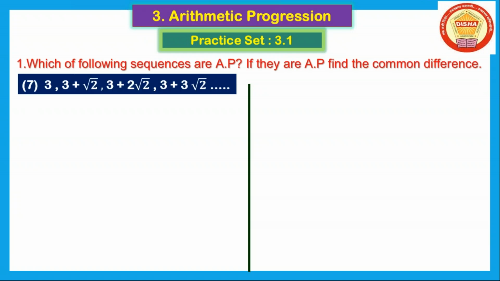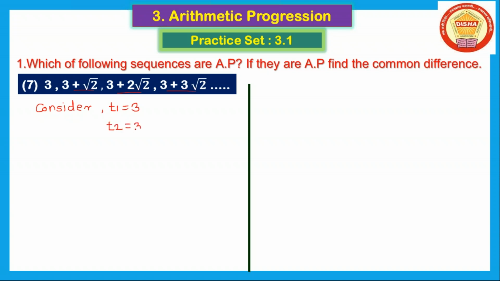It is presented in the form of surds. Okay. We saw surds in the last standard, means in last year, that is in 9th standard. First we see here 1, here is second one, third and fourth. 4 terms are given. Okay. So here we consider the 4 terms. Consider T1 is equal to 3.